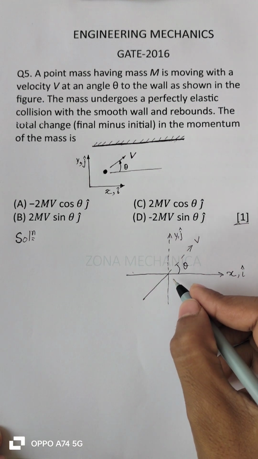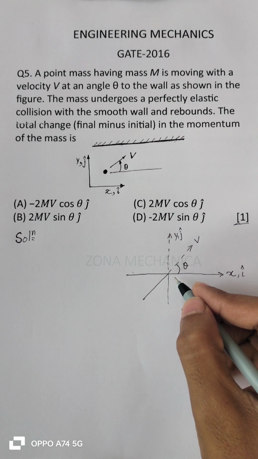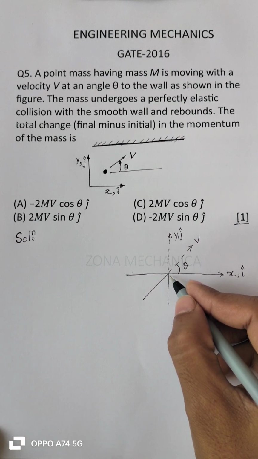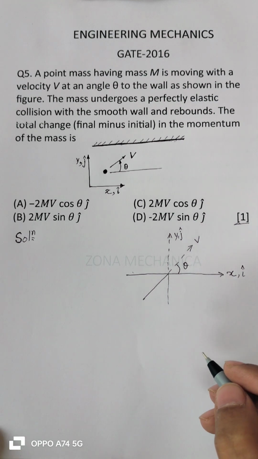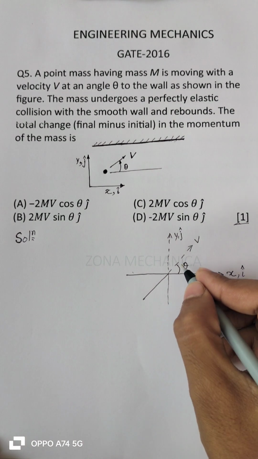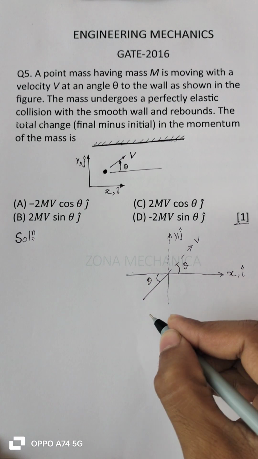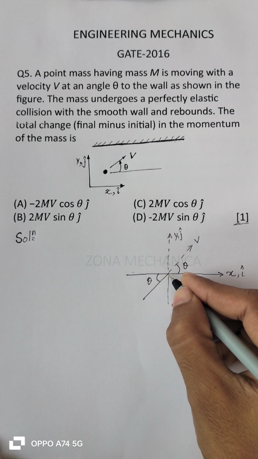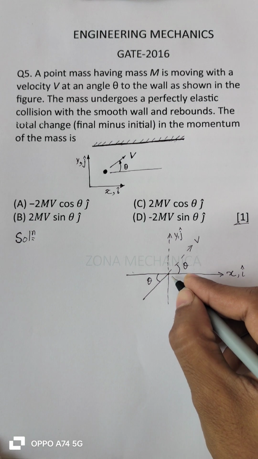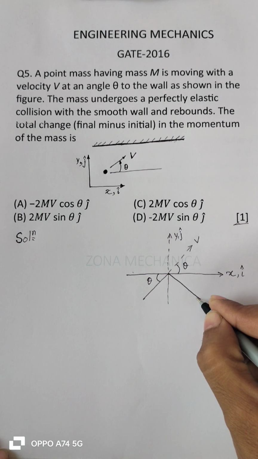So if it undergoes a perfectly elastic collision, that means the angle of approach will be same as the angle of separation. See, this is theta, then this is also theta, and it undergoes collision over here, so it will rebound in this way.